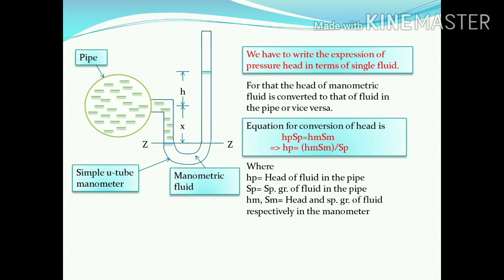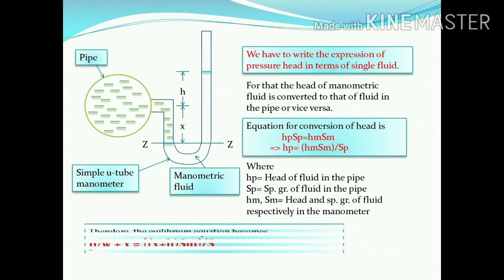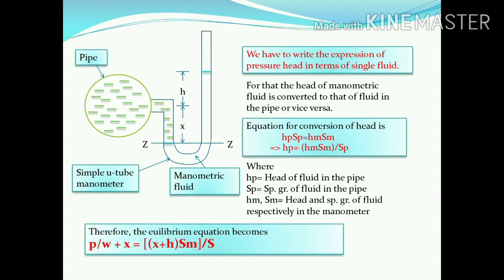That implies Hp is equal to Hm Sm divided by Sp, where Hp is equal to head of fluid in the pipe, Sp is equal to specific gravity of fluid in the pipe, Hm and Sm are head and specific gravity of fluid respectively in the manometer. Therefore, the equilibrium equation becomes P by W plus X is equal to (X plus H) into Sm divided by S. That means head of manometric fluid is converted to head of fluid flowing through the pipe.